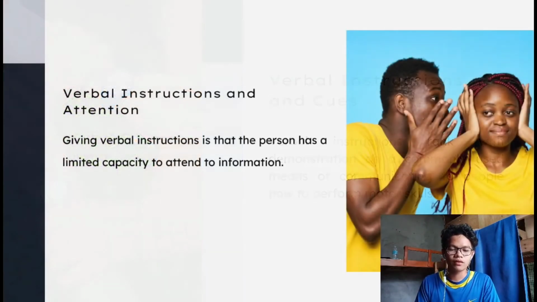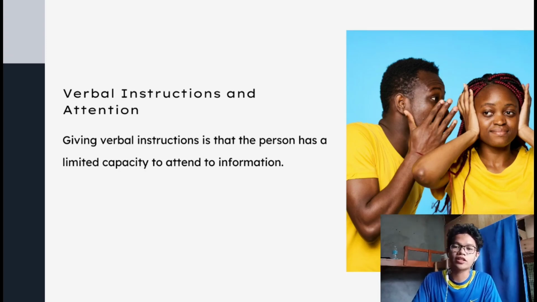So, verbal instructions and attention. In giving verbal instructions, we must consider that the person has a limited capacity to attend to information. Because of these limitations, practitioners must take into account several characteristics about the instructions they give.